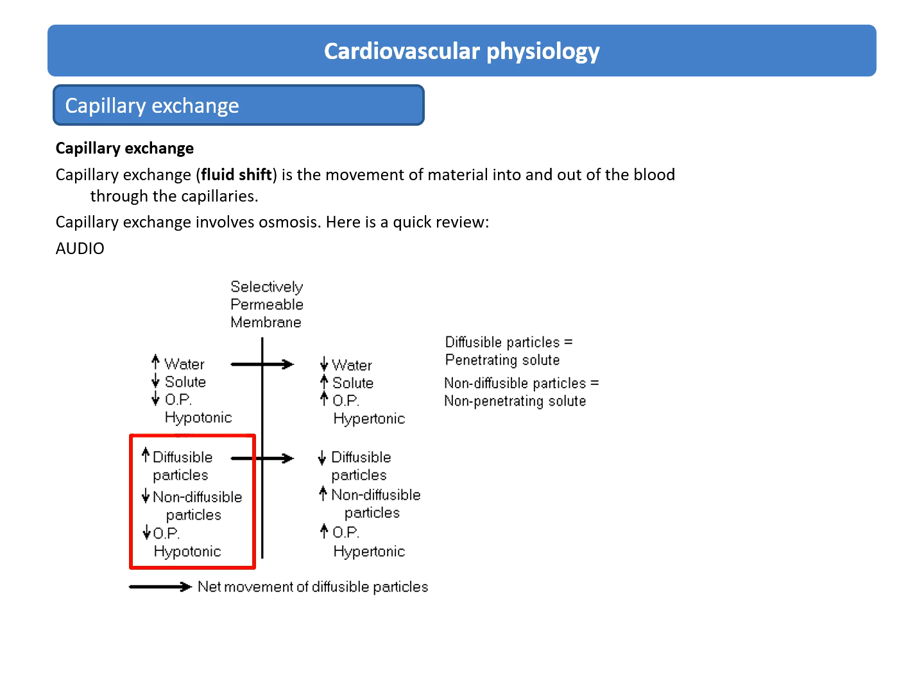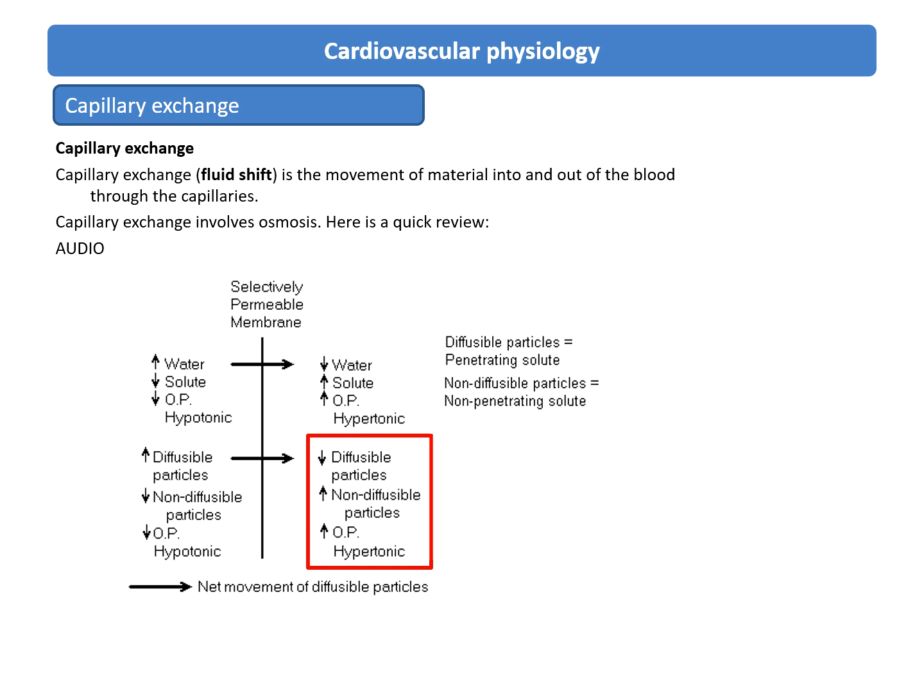If, for example, on the left side, there's a high concentration of diffusible particles compared to the right, and a low concentration of non-diffusible particles compared to the right, the osmotic pressure on the left would still be lower compared to the right, and the left side would be hypotonic. So we can compare solutions by what diffuses across the membrane and what does not.